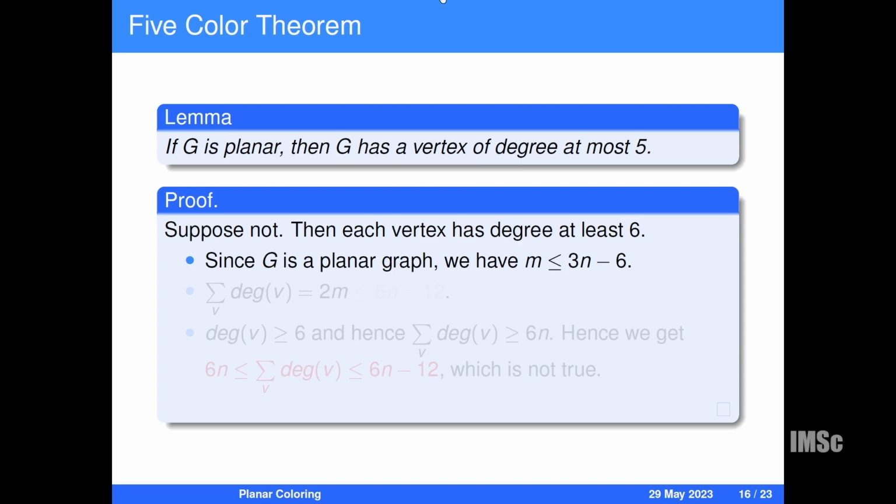So you get the summation of the degrees of v is equal to twice the number of edges, and m is at most 3n minus 6. So from this, this is at most 6n minus 12, correct?